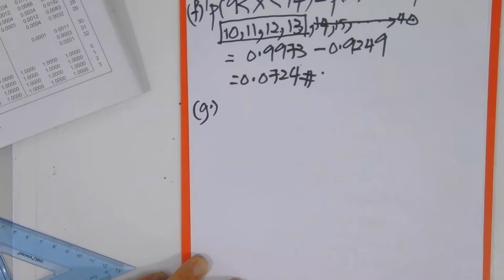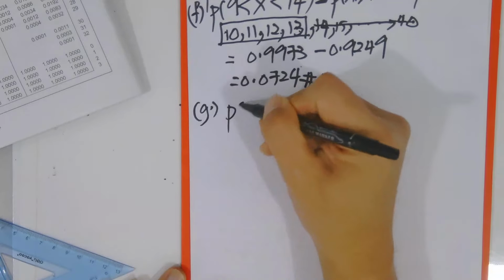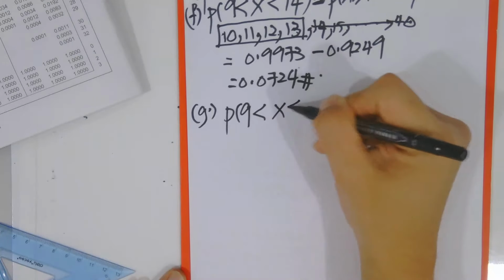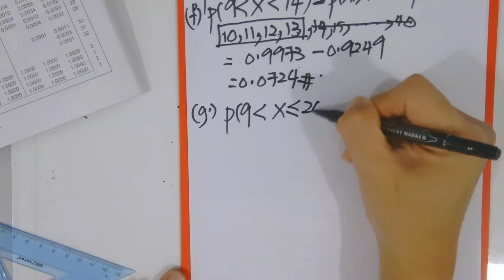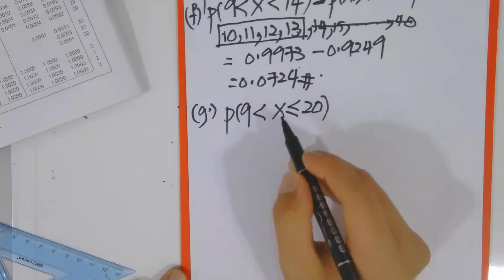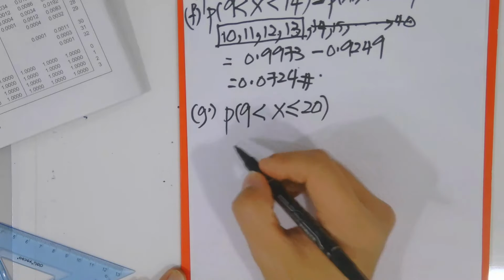For example, G. Now we have G as our example. Let's say they want to find the probability of more than 9, but at most 20. Before that, consider the values in between here.